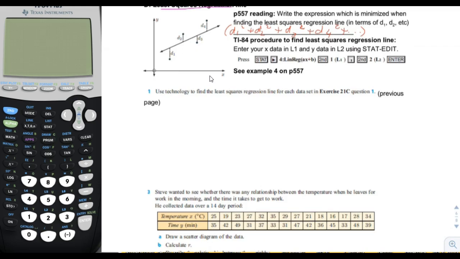It's very similar to the calculation we did to find the R value. So it is possible to do it by hand or with a spreadsheet. And if you do this in your internal assessment, you would do it manually, showing all the steps. Okay, but the calculator does it very easily using the same command that we use to find the R value with the calculator. We use Lin Reg, and that gives us the equation for the line.